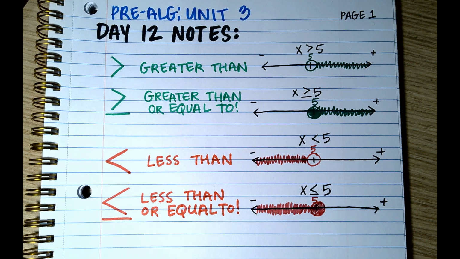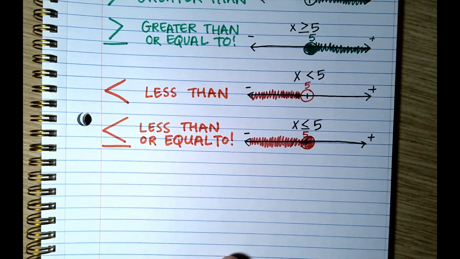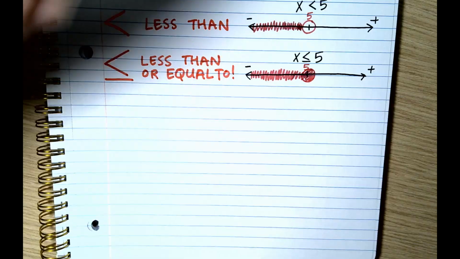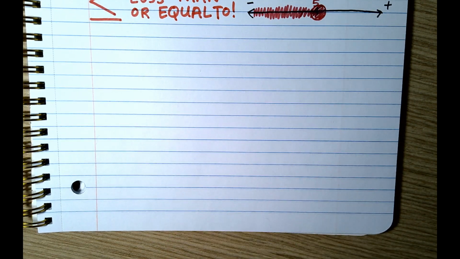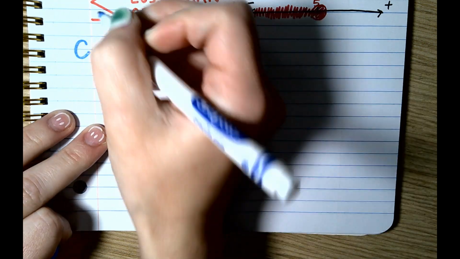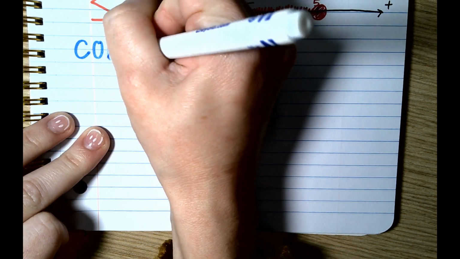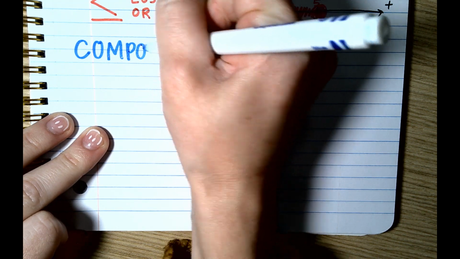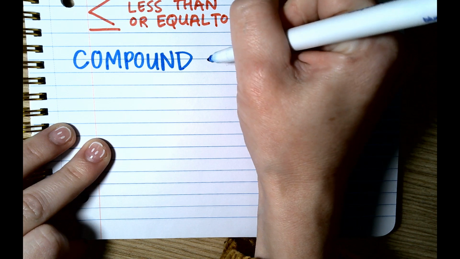Okay, so we've worked on that worksheet. Now I want to have us add one little note here. So I'm just going to shift my camera down. Now we have something that is called a compound inequality.